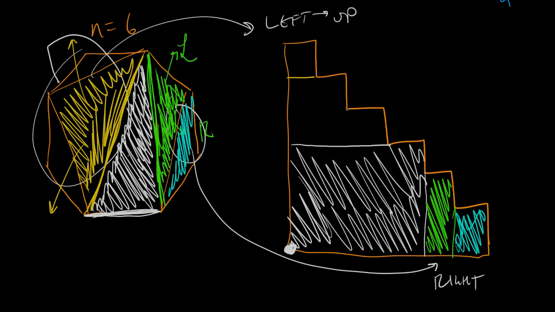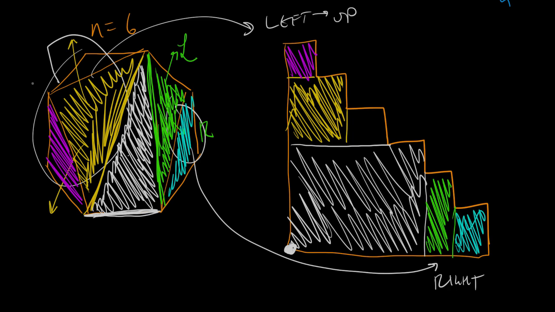There's only one way to do that. There it is. So this yellow rectangle corresponds to that yellow triangle. And then we have the 2 remaining triangles over here. This one's on the left, so it corresponds to up. And this one's on the right, and so it corresponds to right.